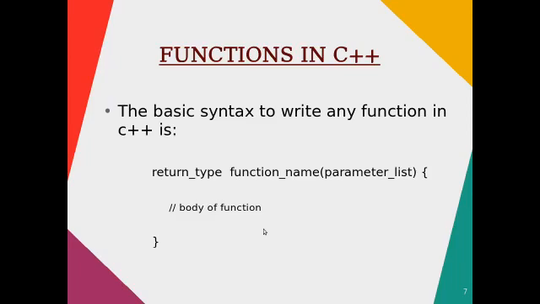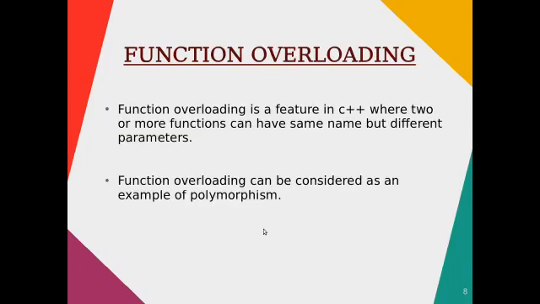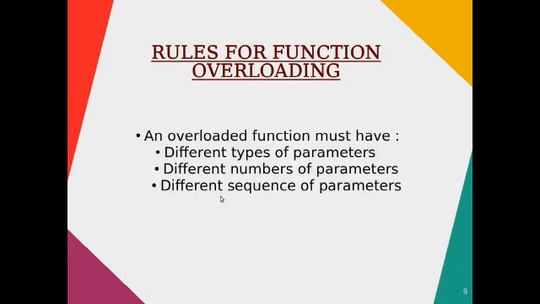So let's come back to our main topic, function overloading. Function overloading is a feature in C++ where two or more functions can have the same name but different parameters. So function overloading can be considered an example of polymorphism. Here are some rules that one must follow to overload any function.